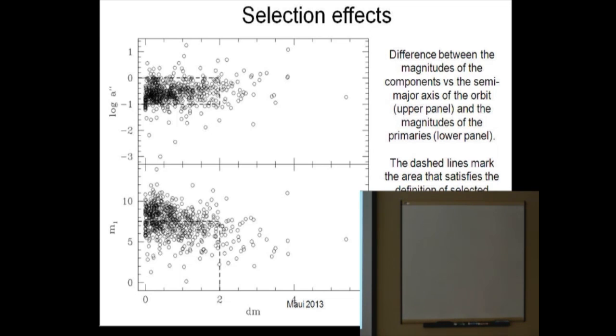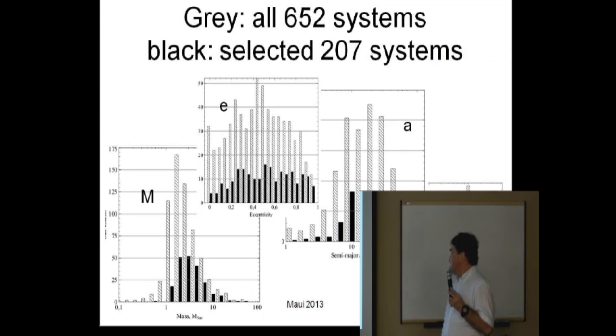And also here, we consider our set is incomplete out of this area. And here, you can see the description of these rectangles. As a result, we have selected 200 systems. And for these 200 systems, we can give some statistics.